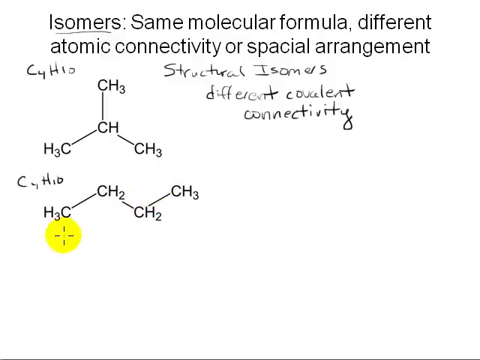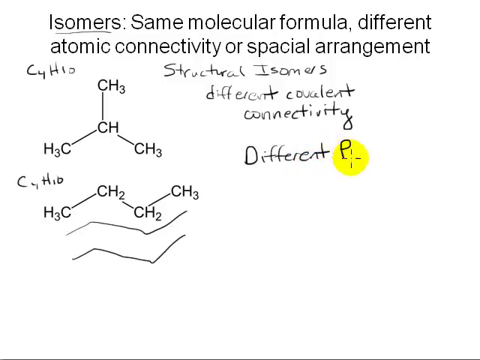Whereas this linear chain is going to be able to more effectively stack one molecule on top of the other. So if we're thinking about physical properties like boiling point, for example, we'd expect them to be different because we're going to see different intermolecular interactions that are possible based on their different structures. So same molecular formula, different physical structure, and different chemical and physical properties potentially as a result.